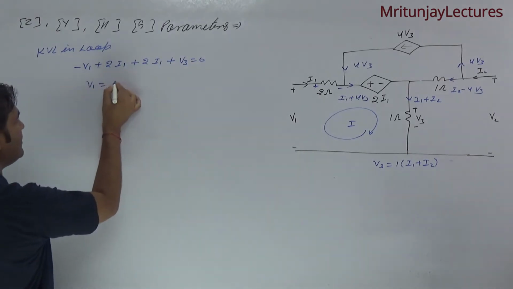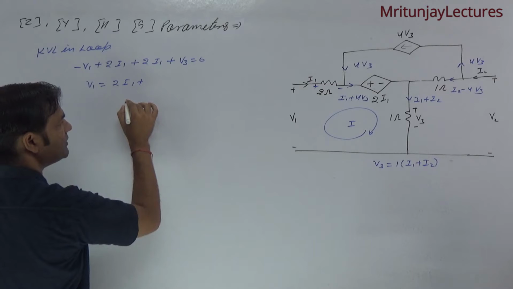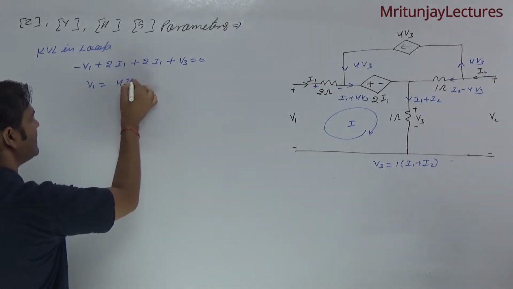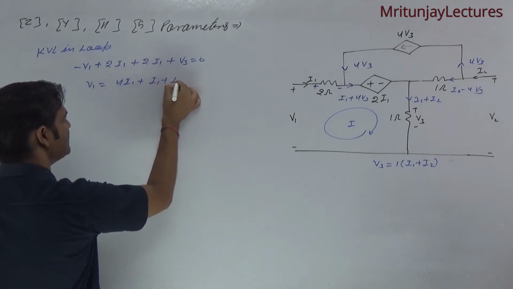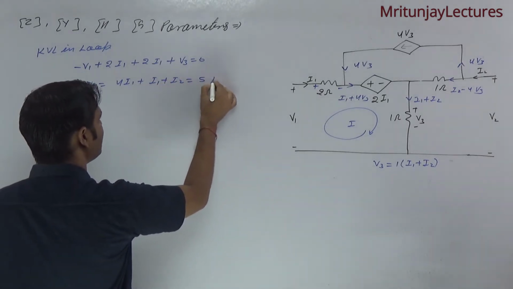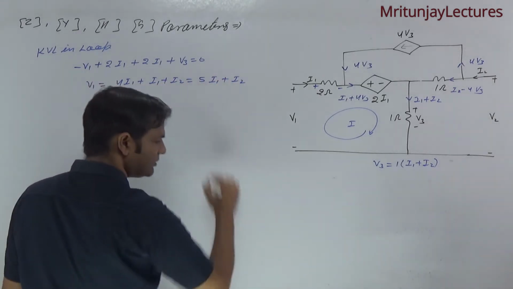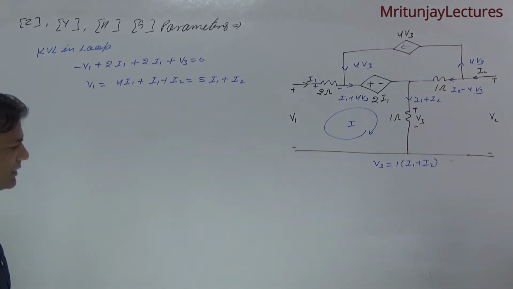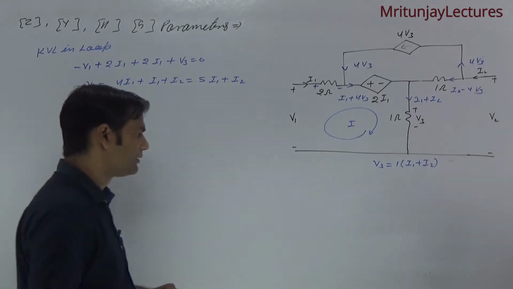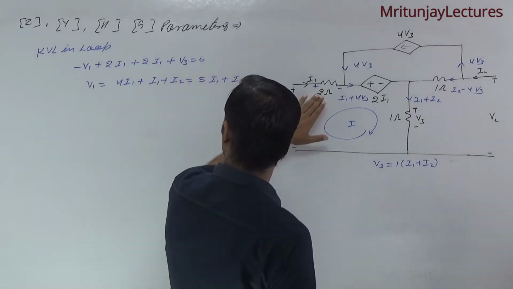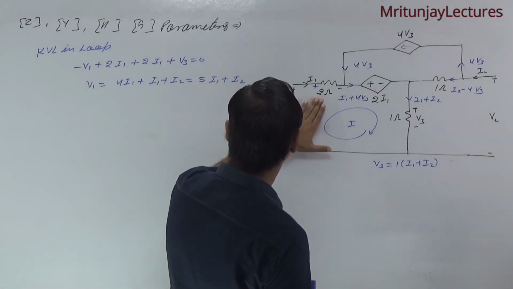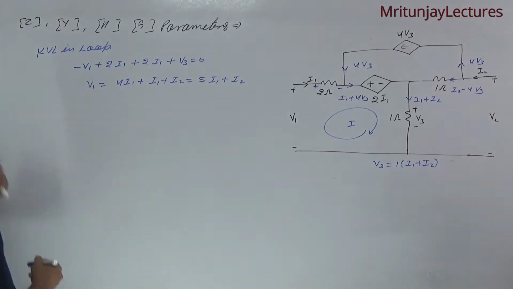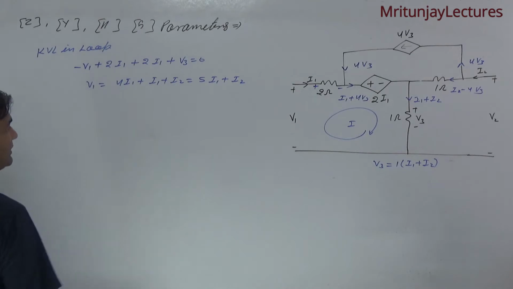So V1 is equal to 2I1 plus 2I1, that is 4I1, plus V3, which means I1 plus I2. So 5I1 plus I2. Clear or not? So V1 is equal to 5I1 plus I2.